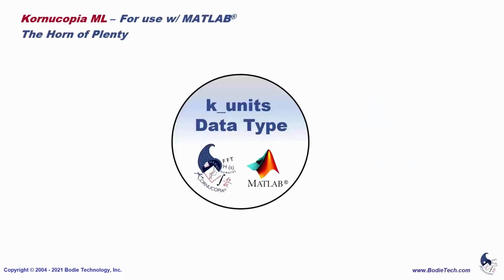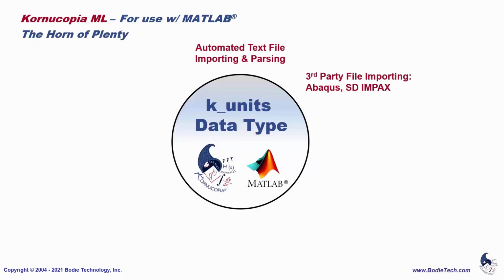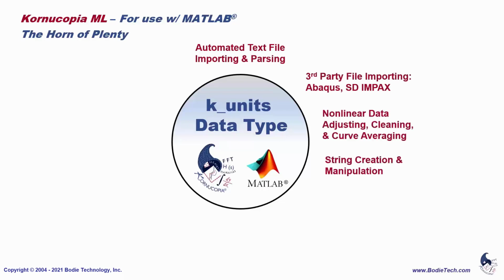Kornucopia ML, for use with MATLAB, is truly the horn of plenty. Its foundation is the K_units data type, and it has many tools built upon this foundation, beginning with automated text file importing and parsing, as well as third-party file importing for Abacus and Spectral Dynamics impact software.